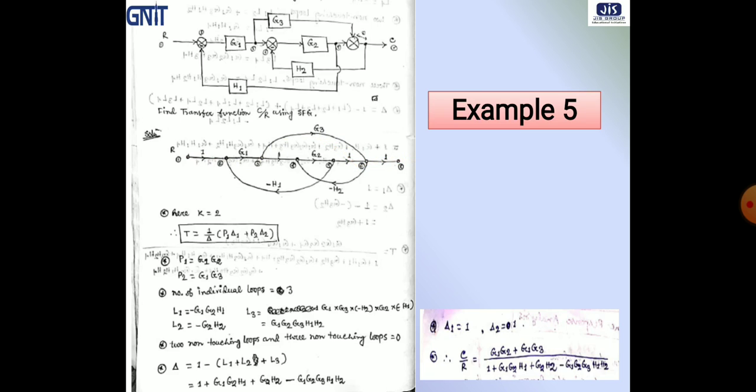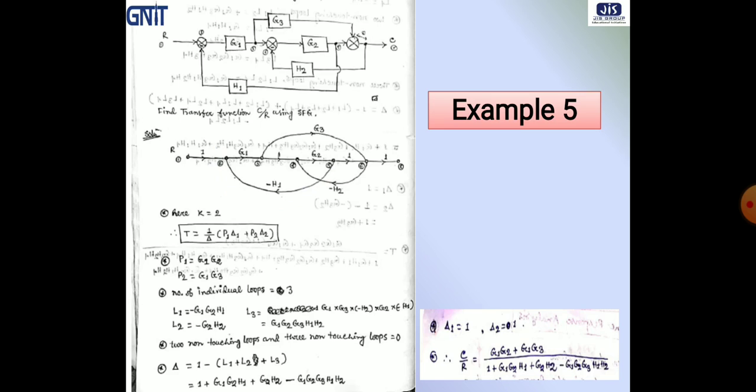So here how many loops are there, we have to calculate. Here 3 loops are present. This is one loop, this is another loop, and one more loop is present. Just look carefully. Starting from this, you just go from this. This is another loop. Starting from this, just go like this.